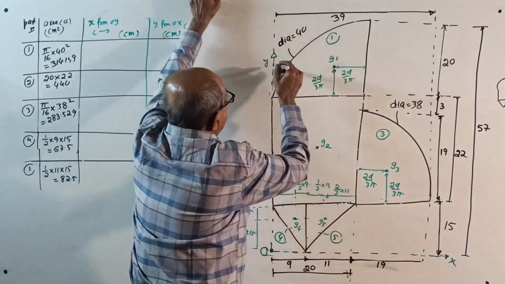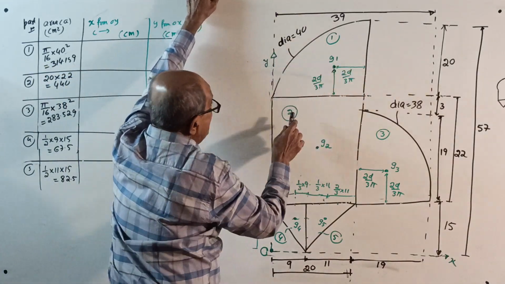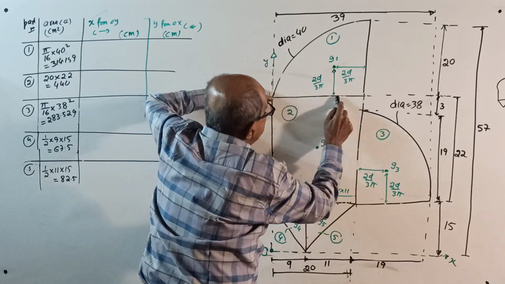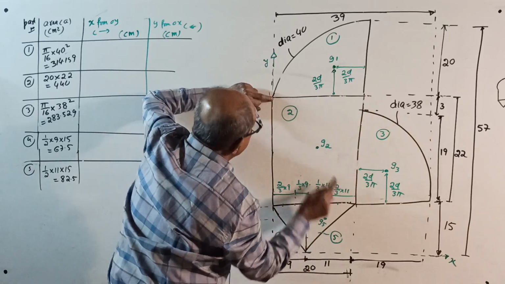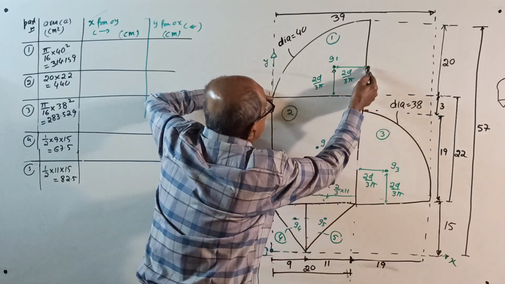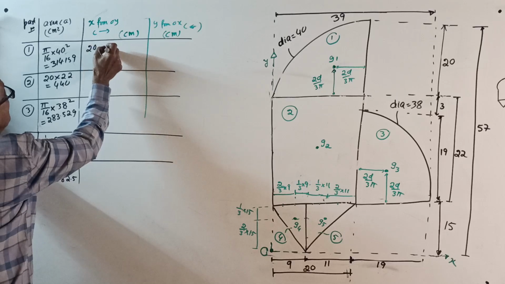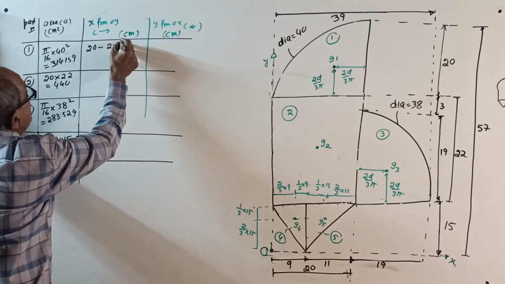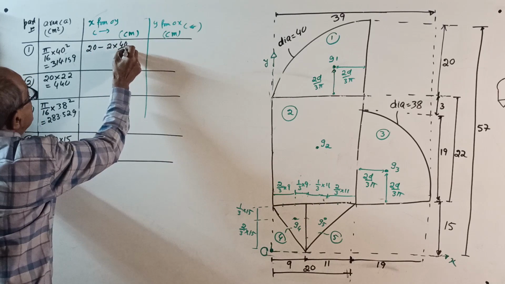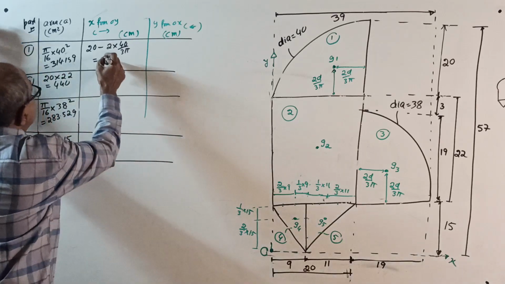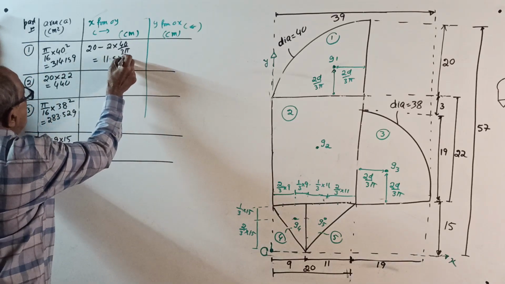Now x, see here. This distance is 20. For figure 1, x is 20 minus 2d by 3 pi, that is 20 minus 2 into diameter 40 divided by 3 pi, equal to 11.512.